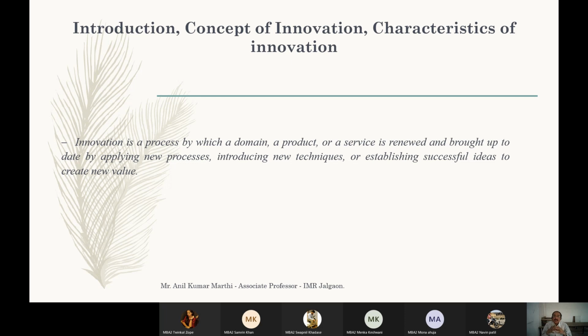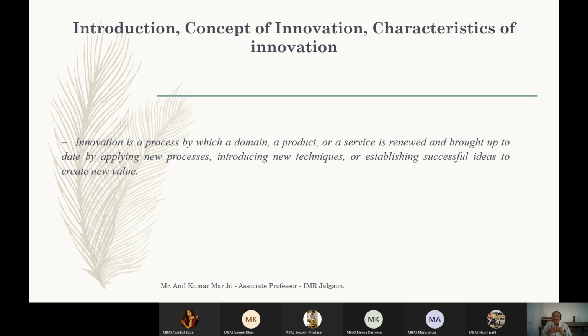Suppose today the Colgate paste is coming in a tube. Just imagine the same Colgate toothpaste if it is made into a jar. That is also innovation. It is not necessary that a totally new product and new concept has to come out. No, a slight modification also is called an innovation.